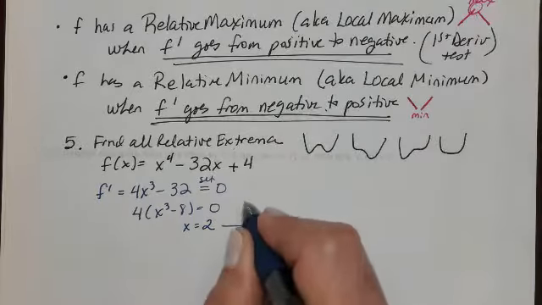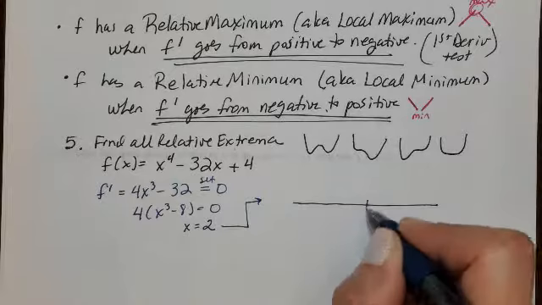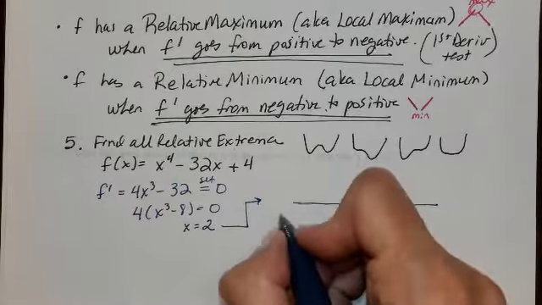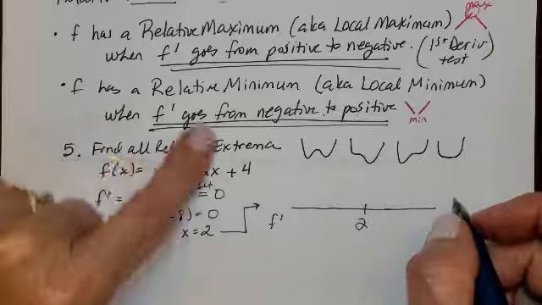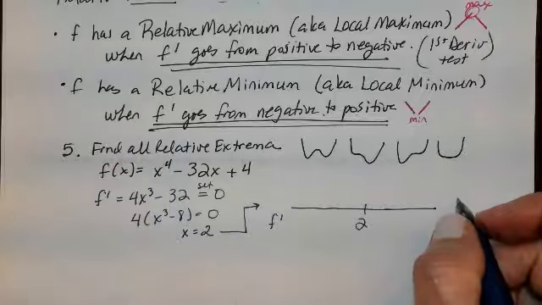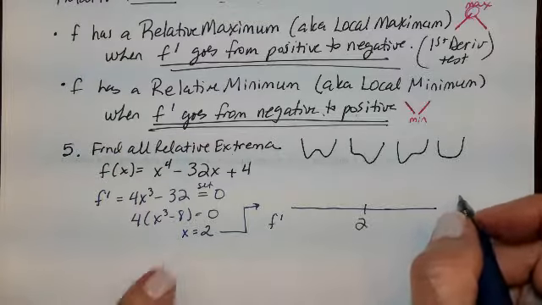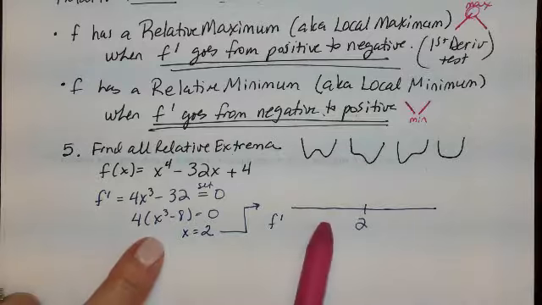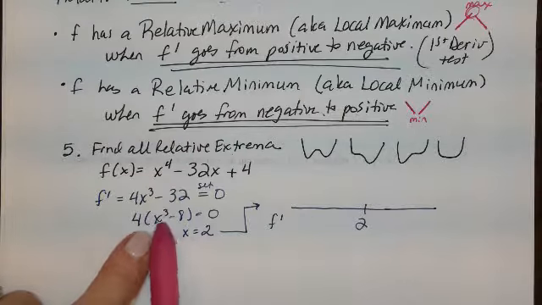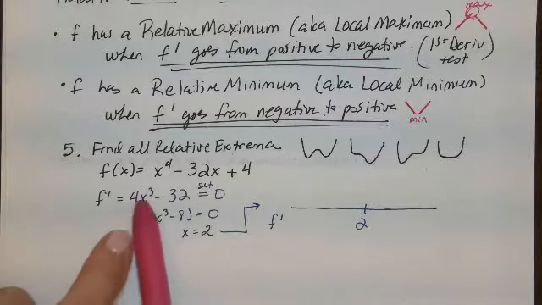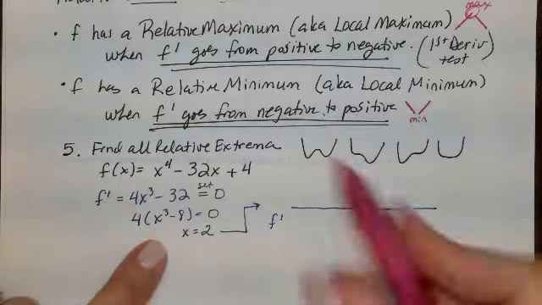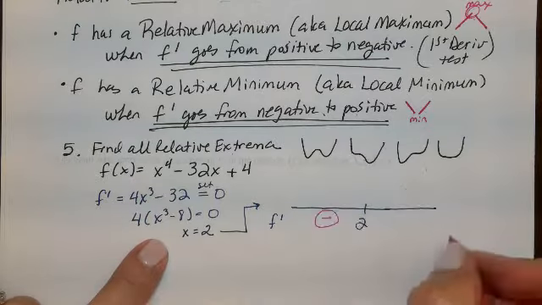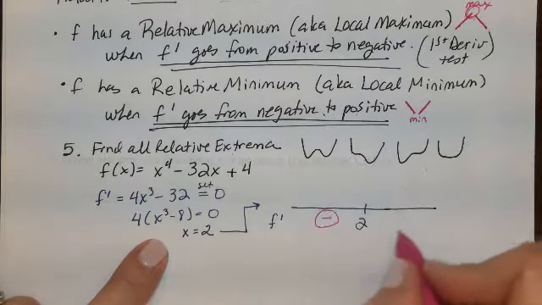Come over here, sign chart. F prime sign chart, because we're looking for when f prime changes signs. So once again, if I can put in 0, I'm going to put in 0. It's easy to put in. I could put it here or there, either one is pretty darn easy. If I put 0 right here, I get negative 32. So this is negative. Next up I can put something like 1,000 in.